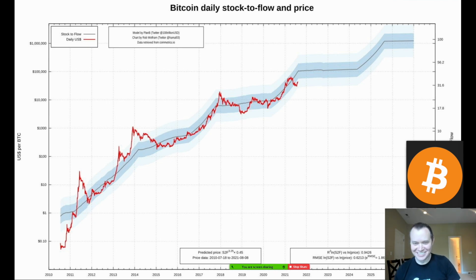That's not true actually. In the beginning of this year, when we were at 50,000-60,000, everybody was saying, "Oh, your model is broken. All models are broken to the upside, and we're going into the super cycle," which, by the way, I don't believe in.